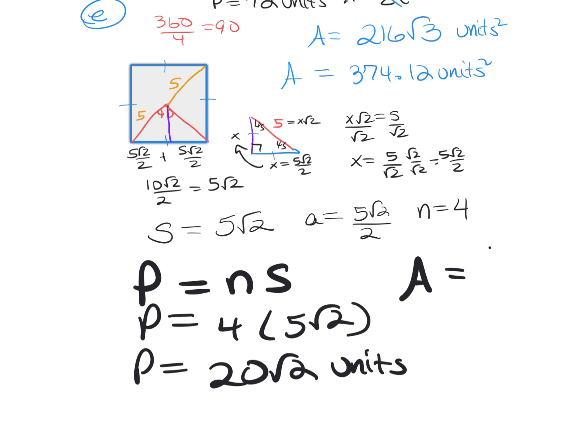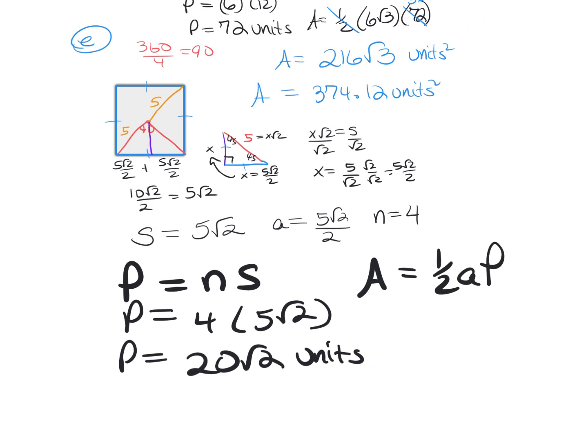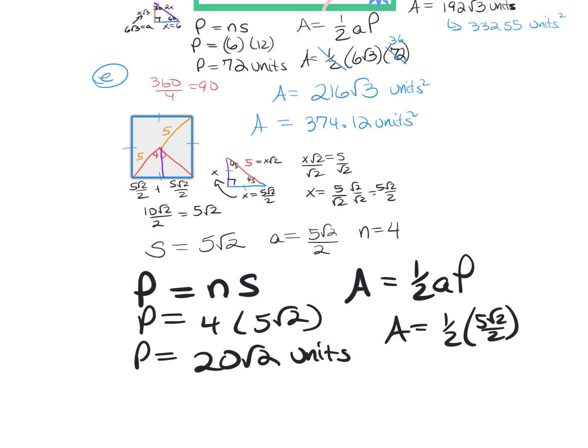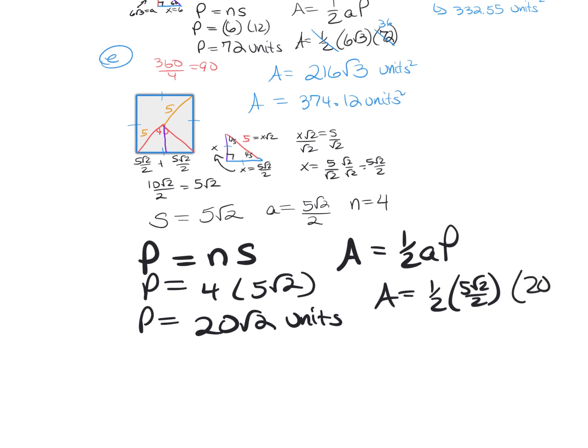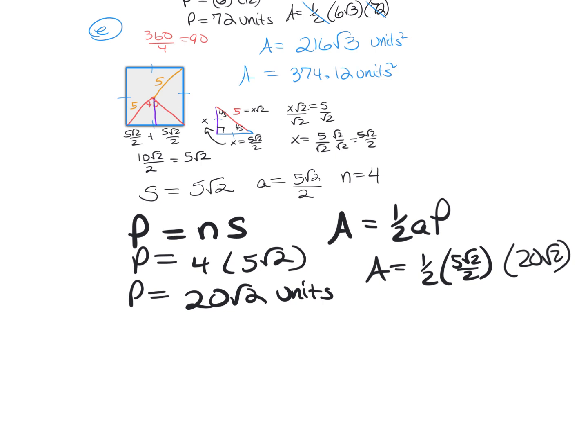My area, 1/2 apothem times perimeter. So 1/2 times 5 square root 2 over 2 times 20 square root 2. If you want to simplify before you multiply, actually, no, let me fix that.